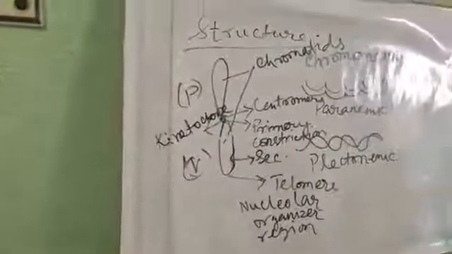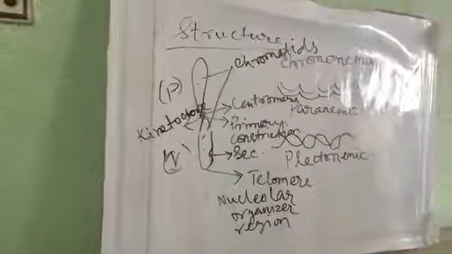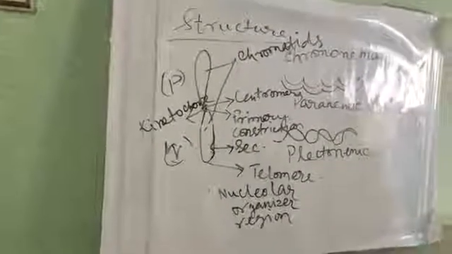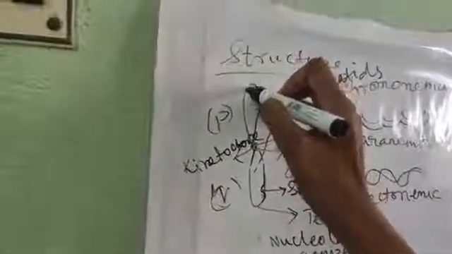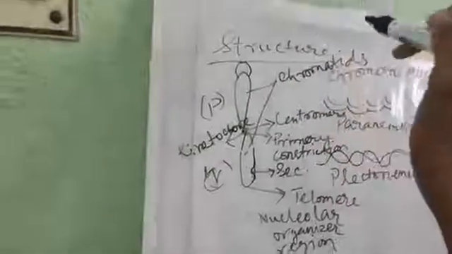What is the function of this kinetochore? It helps in holding the spindle fiber during cell division. Next, at the tail end of the chromosome there is a knob-like structure called the satellite, and the chromosomes bearing this structure are termed SAT chromosomes. So this was all about the structure of chromosome.